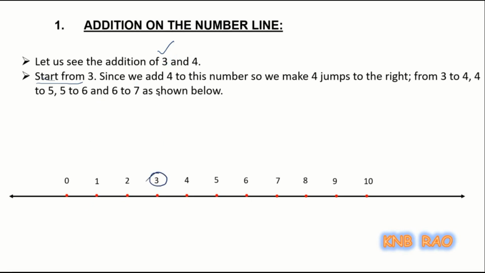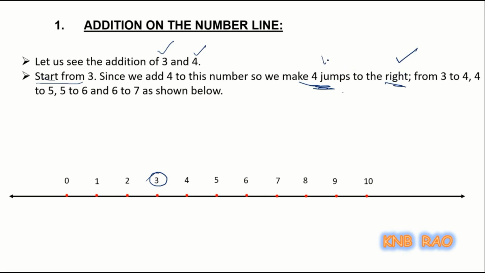Since we add the other addend 4, make that many jumps to the right side, because whole numbers are always positive numbers. Positive numbers addition gives you the positive number only. So jumps towards the right is very important.